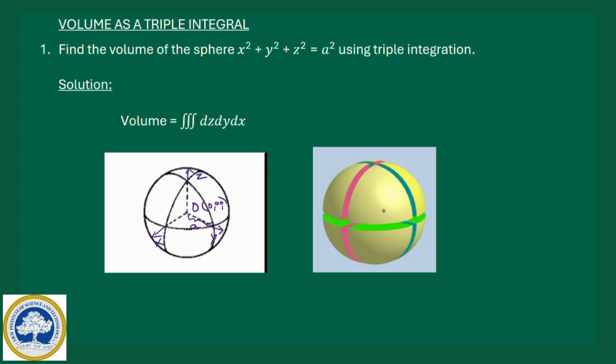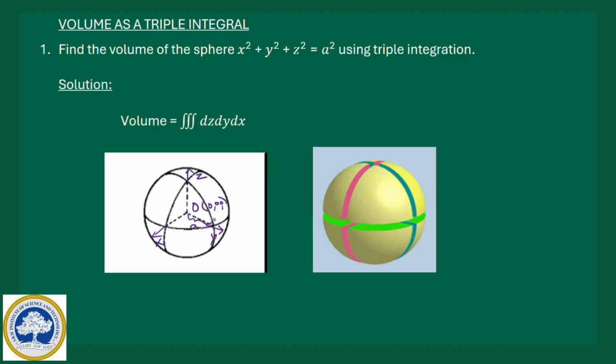If you imagine the center point to be the origin of the three axes, we can cut the sphere like this: horizontally one cut and vertically two cuts. So if you cut, you will have 8 pieces in total. That is, the top portion has 1, 2, 3 and then one part on the backside, so 4 pieces. Similarly, the bottom has 4 pieces, where the center point is the origin of the three axes.